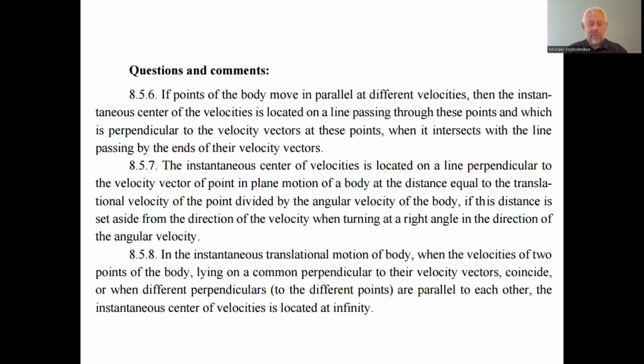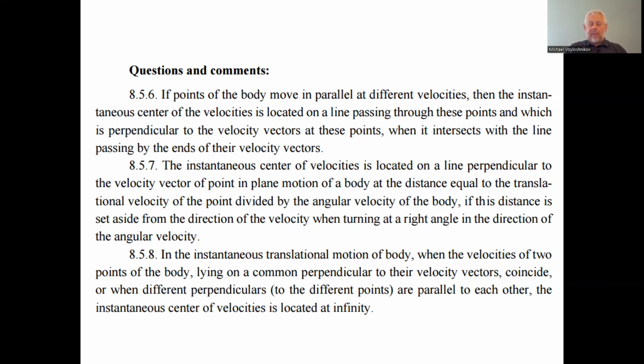856. If the points of the body move in parallel at different velocities, then the instantaneous center of velocity is located on the line passing through these points, where they are perpendicular to the velocity vectors of these points, at the intersection with the line passing through the ends of the velocity vectors.